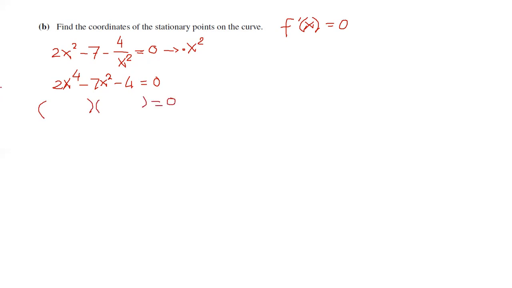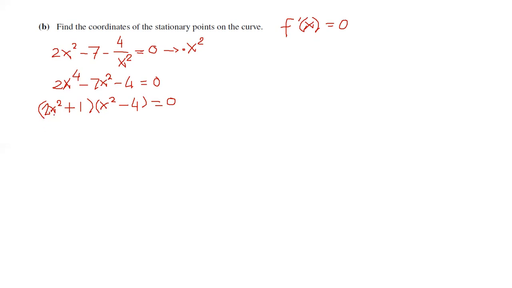Okay, if we factorize, you're going to find the factorization: 2x squared plus 1, and x squared minus 4.